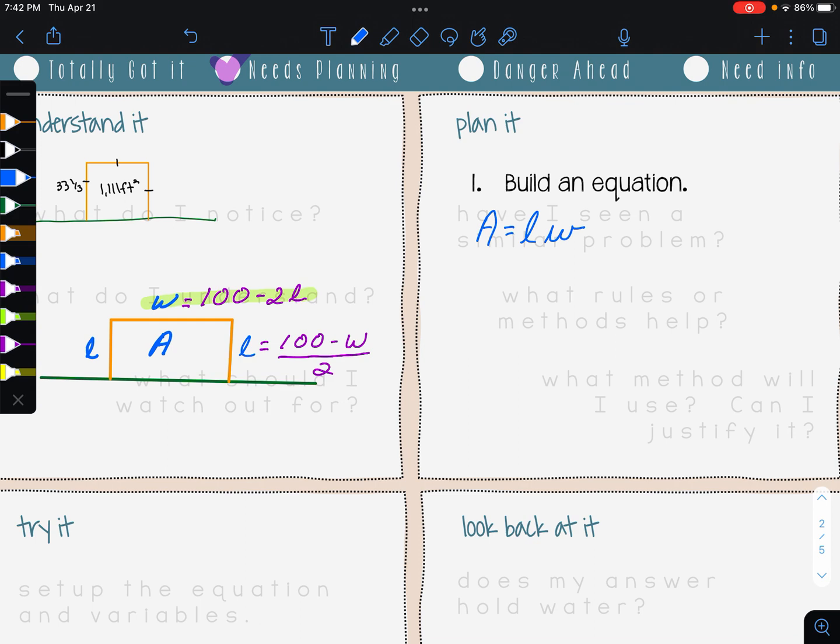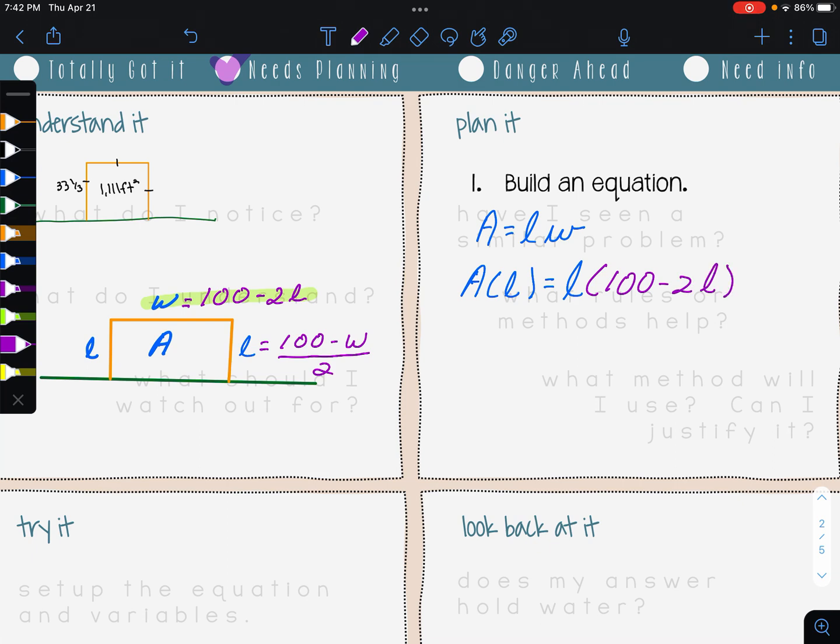And if we were going to write this in terms of length, then this would be a function, and it would be calculating area in consideration of length, and that would equal, so length would stay, and the width would get substituted with 100 minus 2L.